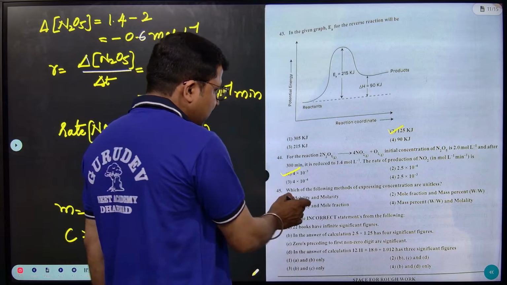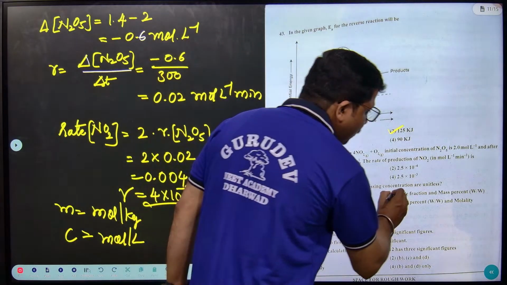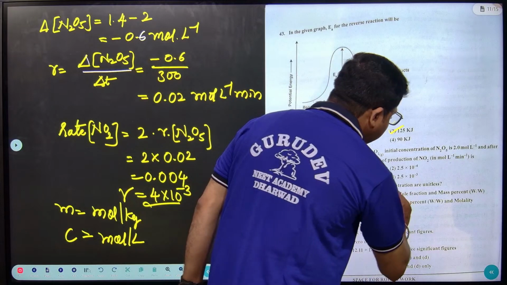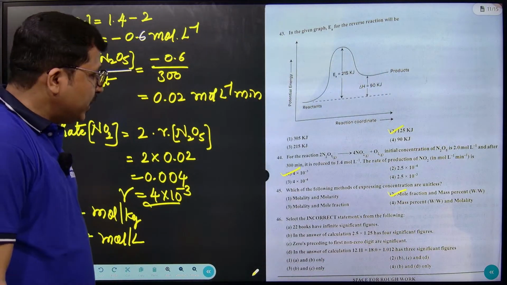He has asked which methods of expressing concentration are unitless. Here 2 have units, and 2 are unitless: mole fraction and mass percent are the 2 which are unitless.